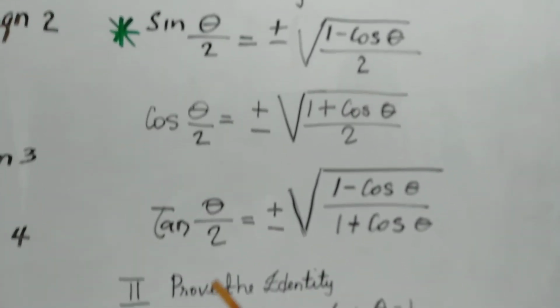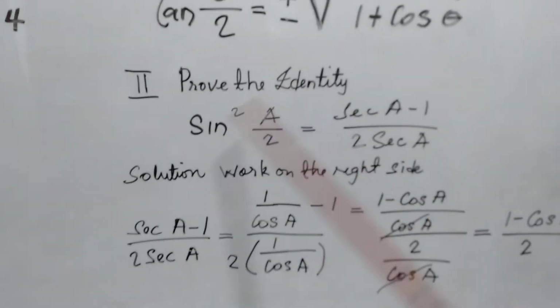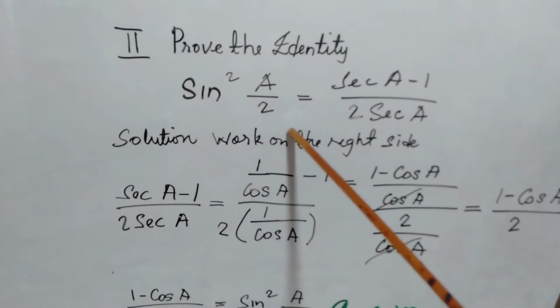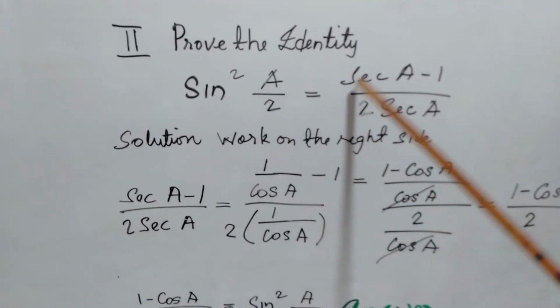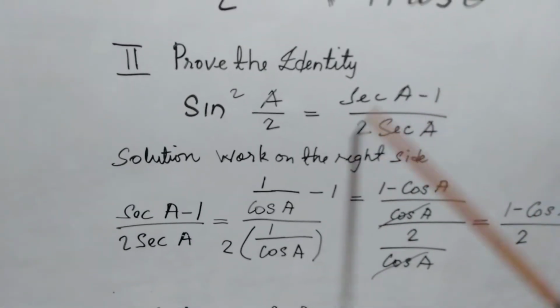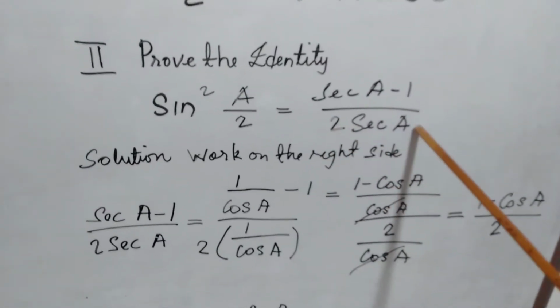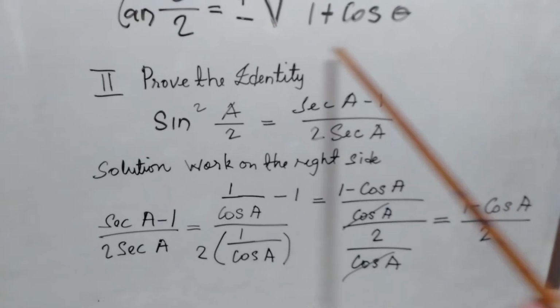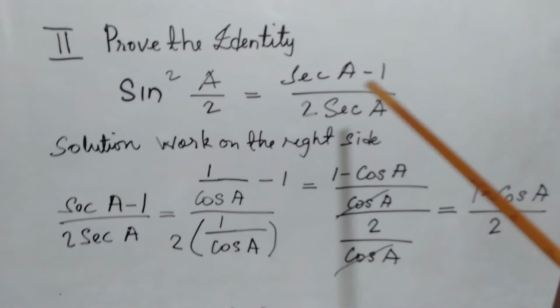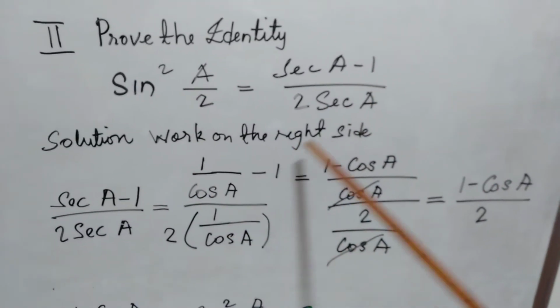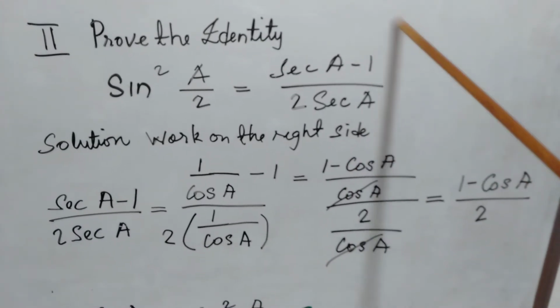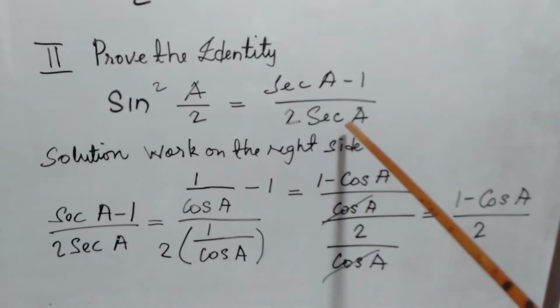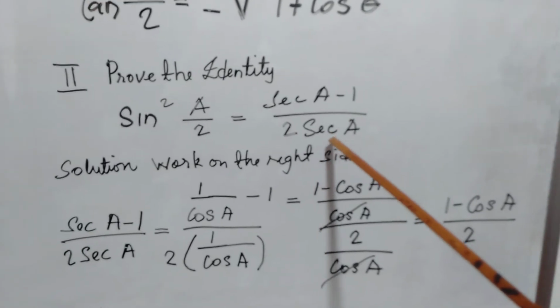So we will apply the half-angle formula in proving an identity. We have to prove the identity: sine squared a over 2, where a is another angle, is equal to secant a minus 1 all over 2 secant a. To solve this kind of identity, we work on the right side of the equation, since this is more complex than the left side.